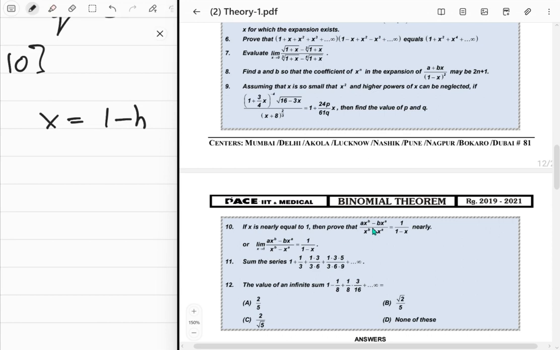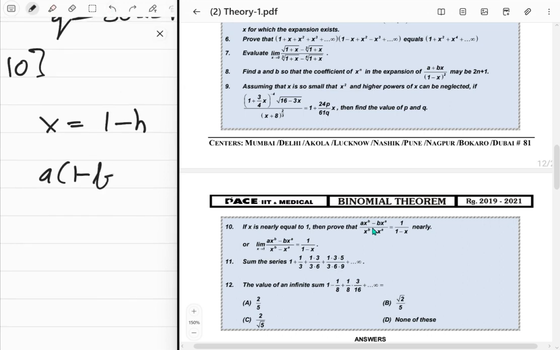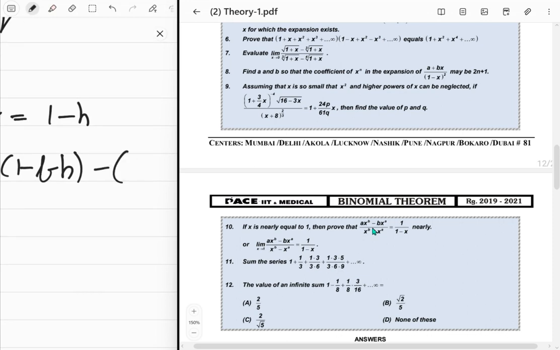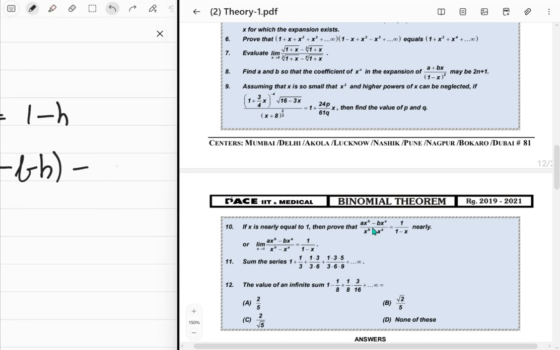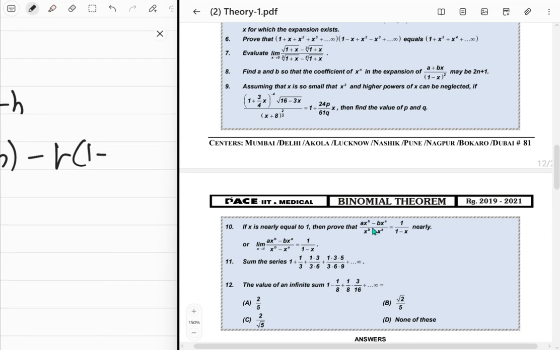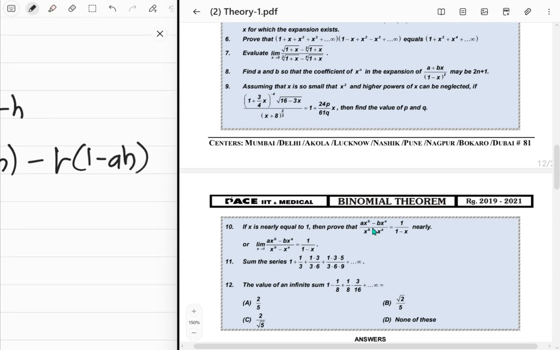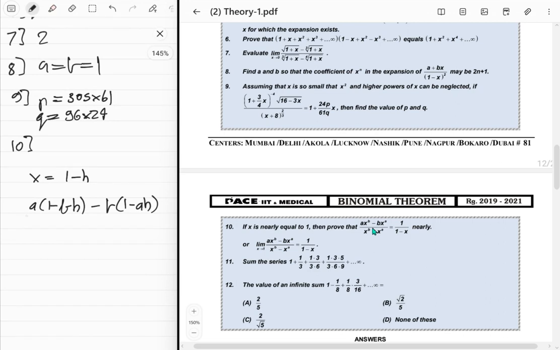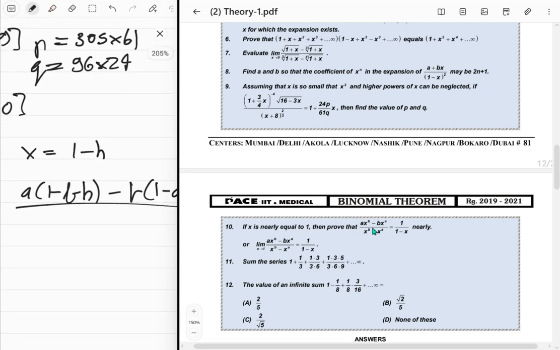Okay, so a x power b, that's going to be a times this thing power b, which is like a into 1 minus bh basically, and then minus b times 1 minus ah, and then x power b minus x power a, right? This is frustrating. It's going to be 1 minus bh minus 1 minus ah, which will be basically just a minus b times h.